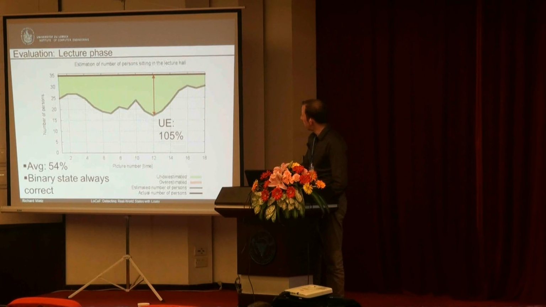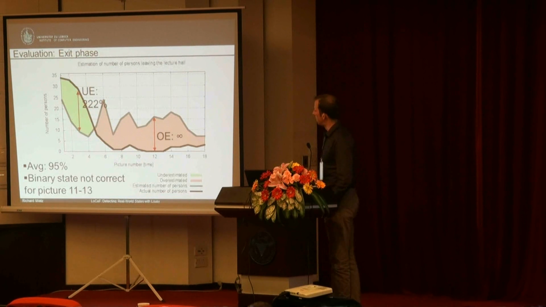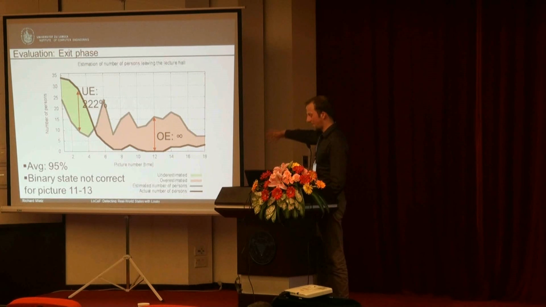In the second phase, we only have underestimation because many people are recognized as background because they are sitting still, and the maximum is 105%, but still the binary state is always correct. And in the third phase, we have some underestimation error of 222 and a relatively high overestimation because it's 0.